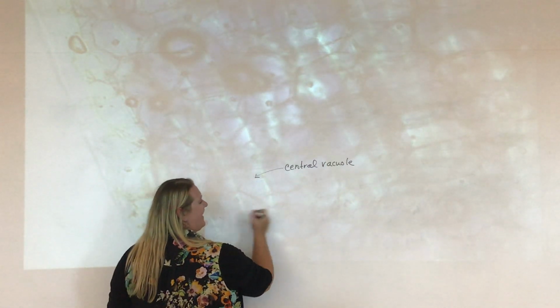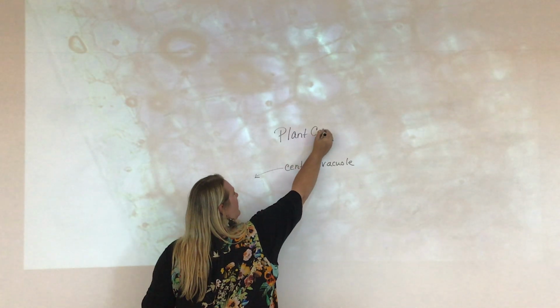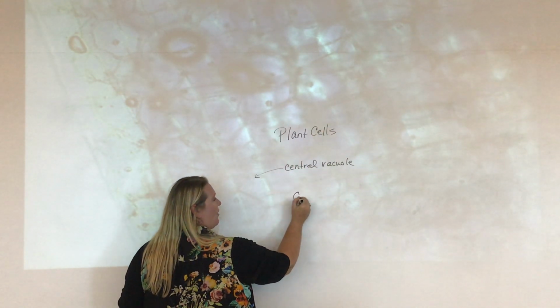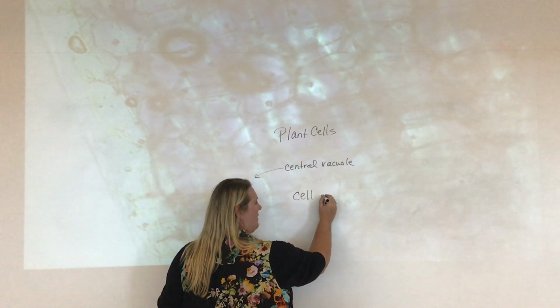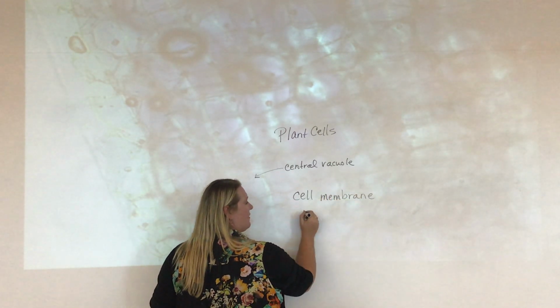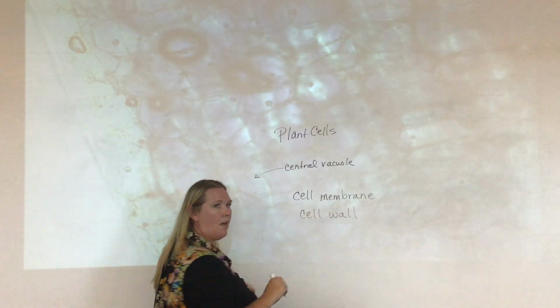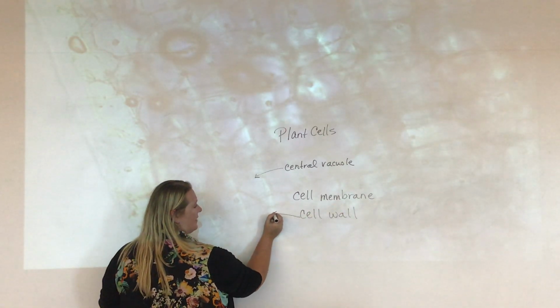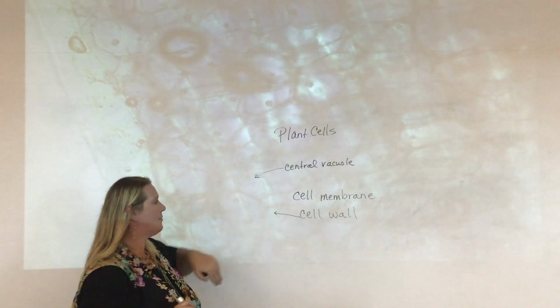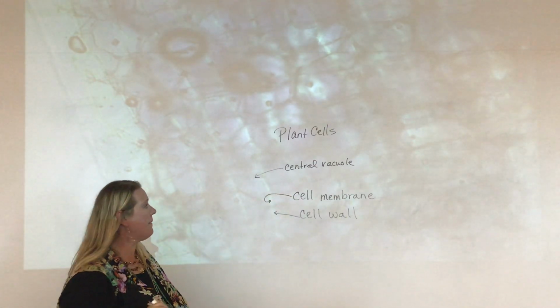Plant cells have a cell membrane or a plasma membrane, and they also have a cell wall. And so that cell wall is making that edge a little bit thicker, and then the cell membrane would be just inside of that.